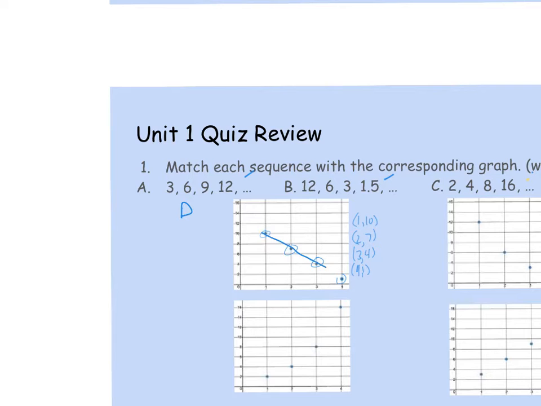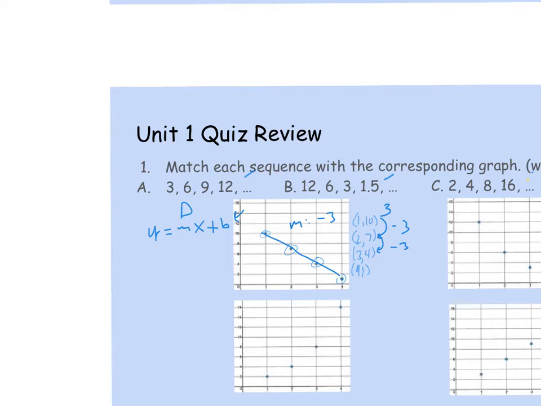Now this is definitely a linear one, so we're going to use y equals mx plus b, slope-intercept form. What is it changing by? It looks like it's going down 3 each time, so that would be my slope. m equals -3. The y-intercept, remember, is the term before your first term.